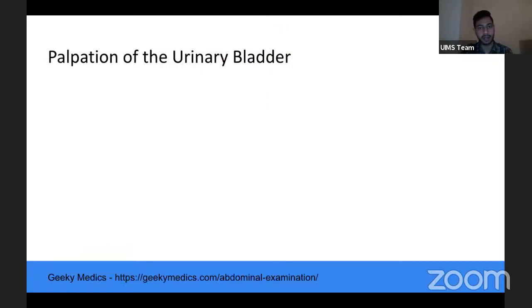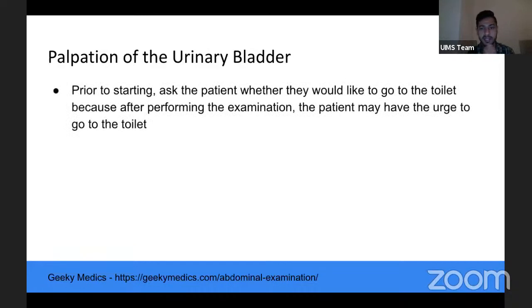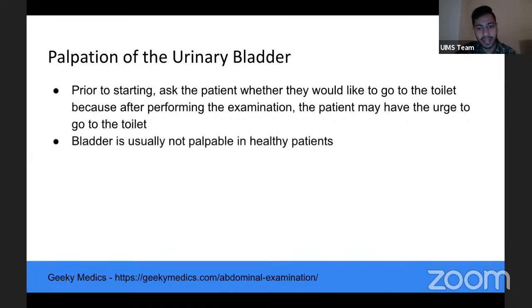And then onto the palpation of the urinary bladder. What's important before we start actually palpating the bladder and irritating the patient is to ask the patient whether they would like to go to the toilet, because as I mentioned, after performing the examination, the patient may have the urge to go to the toilet because it is quite uncomfortable. It's not usually palpable in healthy patients.